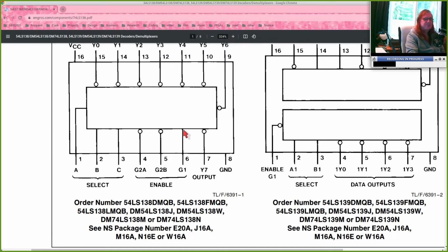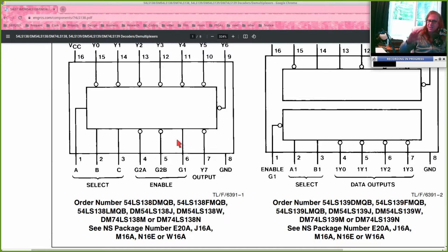G1 does not have a circle, that's active high, so when G1 is high, it's saying, hey, I want to enable the device. G2A and B have these circles on them, they're active low. So when these 2 inputs are low, they're saying, hey, we want to enable the device also. And so it's a shortcut for somebody looking at this picture to say, hey, to enable the device, put in a 0, 0, and a 1.